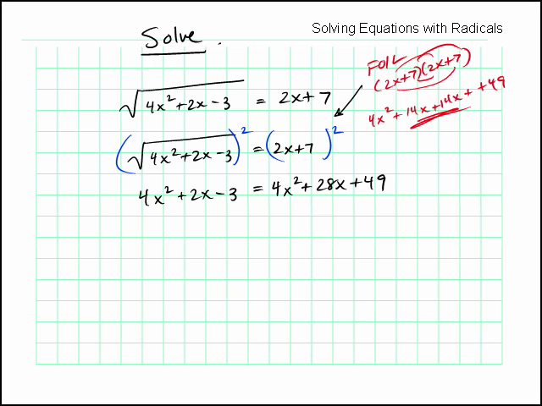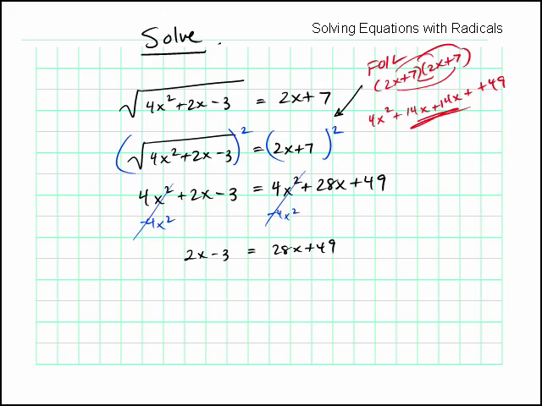If I subtract 4x squared from both sides, they disappear. Gone, 0. 2x minus 3 equals 28x plus 49.